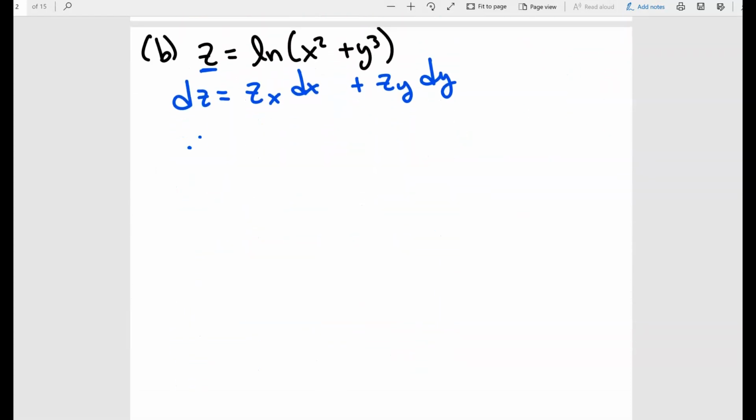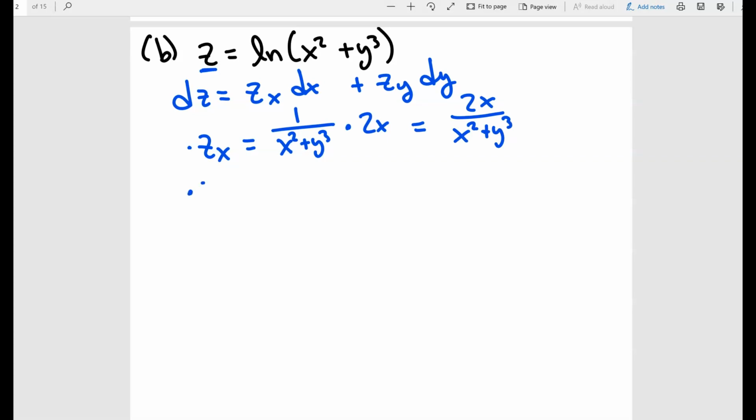Okay, so let's figure out what the partial derivative with respect to x is going to be. So the derivative of natural log is going to be 1 over the inside, which is going to be x squared plus y cubed, times the derivative of the inside with respect to x, which is going to be 2x for x squared, and the derivative of y cubed, well, that's a constant, so it's going to be 0. So what I have is 2x over x squared plus y cubed.